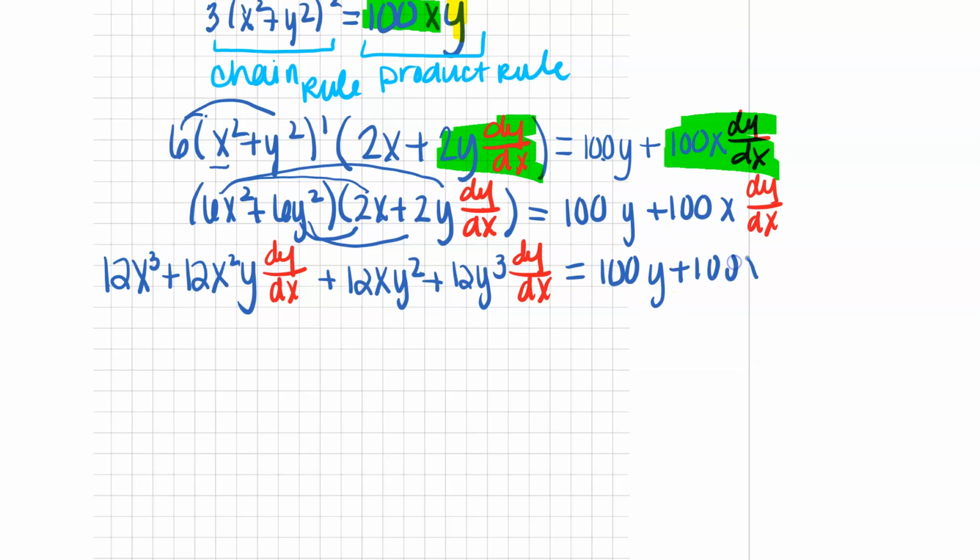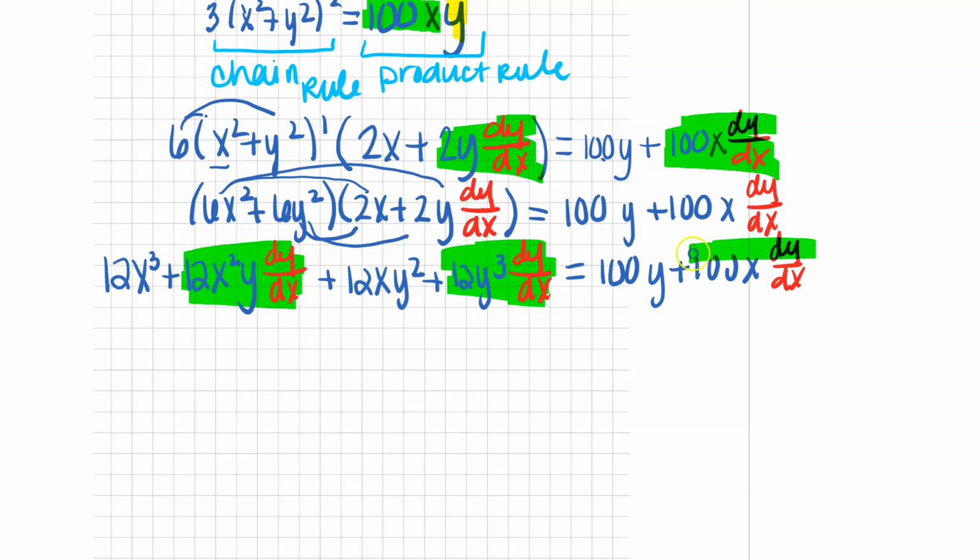Now that I have this fully multiplied out, I am going to move all my terms that have a dy/dx over to one side. It looks like I have more of the terms on the left side, so I'm just going to move those over there. So what I want to do is get this term and this term all over to one side. The easiest thing would be to move this one on the right over here. So I am going to do that now.